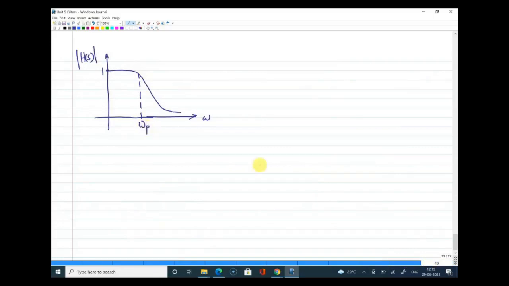And you will see that there is a decrease in the gain soon after this particular frequency. This we call the cutoff frequency, which is basically given by the poles of the transfer function, right?